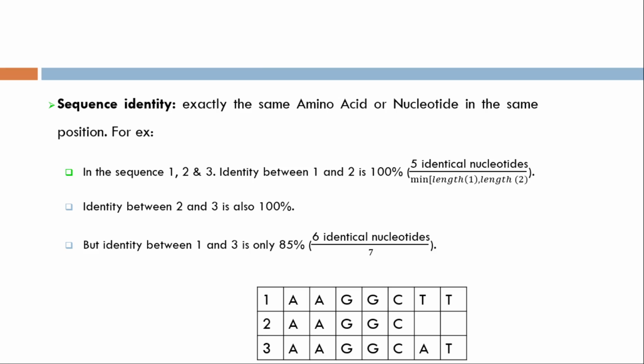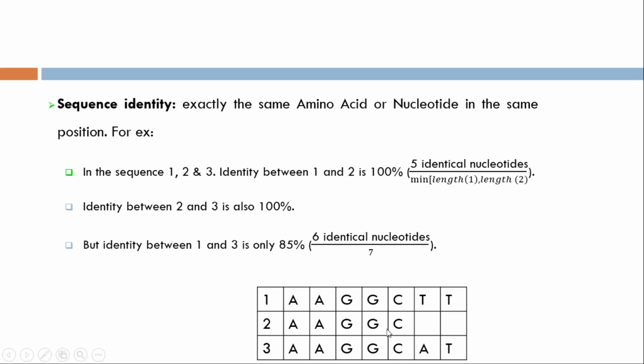If I want to know what percentage identity sequence number 1 and 2 share, how can I calculate it?